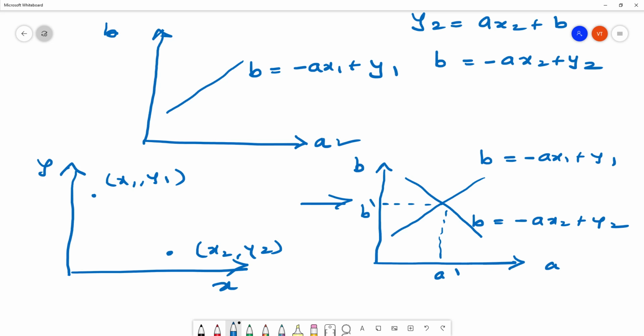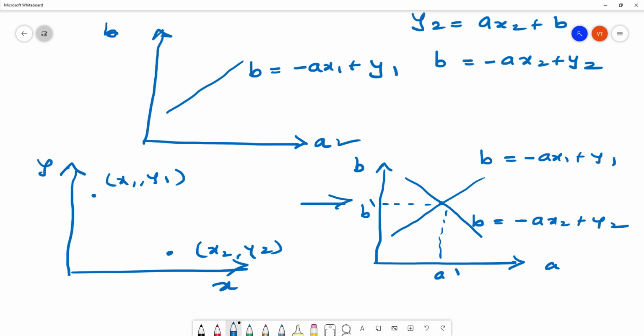These two lines will intersect each other somewhere in the AB plane only if the points are part of a straight line in the XY plane. If x1, y1 and x2, y2 are collinear in XY, then and only then will these two lines in AB intersect in one common point.